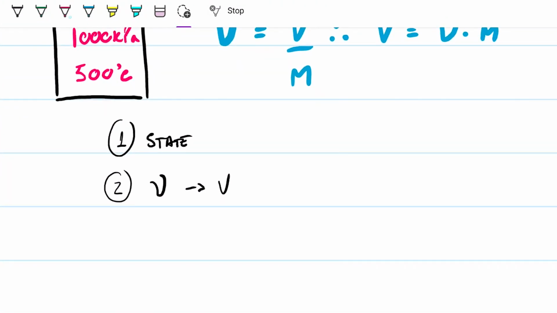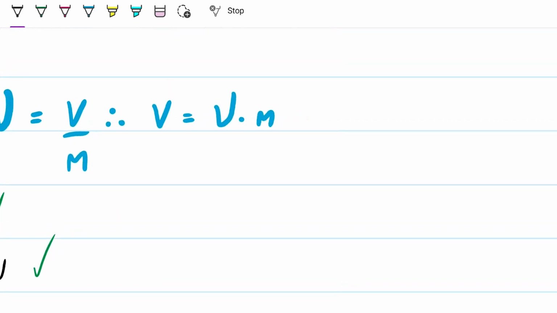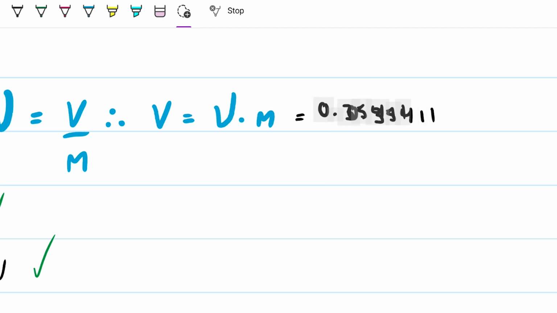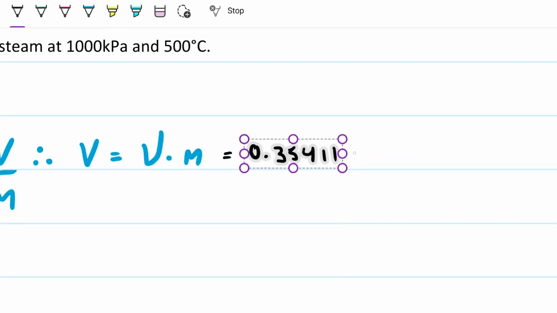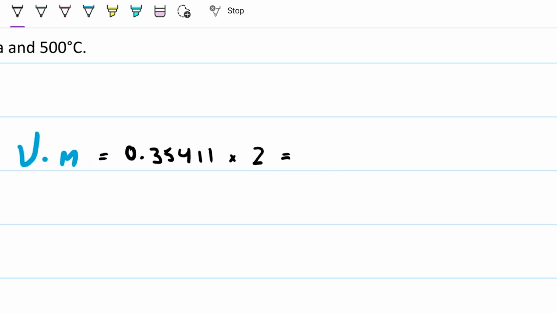Okay, so we found out the state, superheated state. We got the specific volume, so all left to do is calculate the volume. I can do that by saying the number that I got before times the mass should give me the volume in question, right? And this gives me 0.70822.